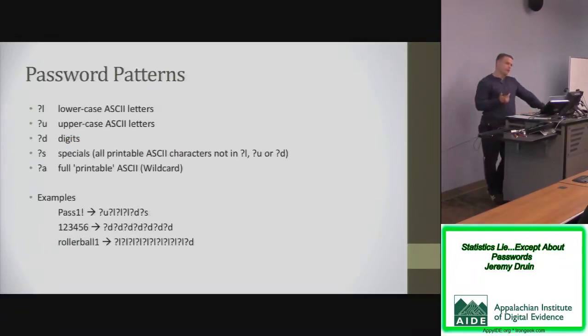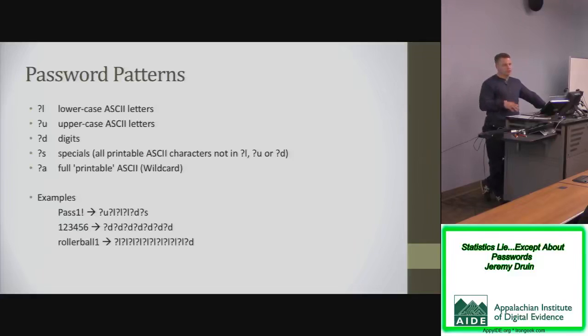To start off with, when we talk about password patterns, we're talking about whether it's all letters, or it starts with an uppercase followed by a few lowercase, then a number. Those are the patterns, and we use these symbols to represent the pattern. L and U for lower and uppercase respectively, D for digit, S is one of the symbols, and then A is any character at all.